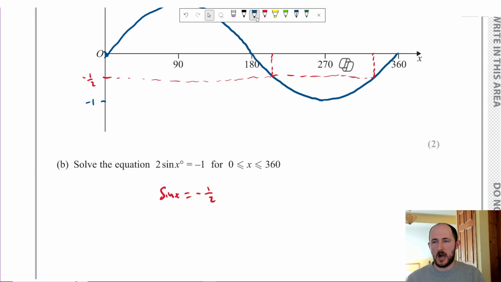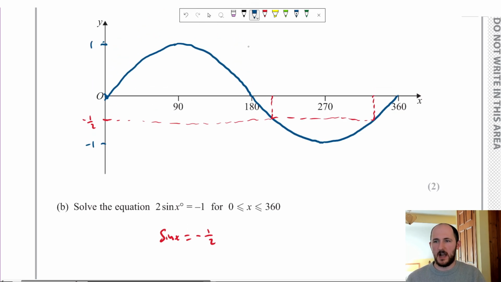I'm not sure if you'd know this, I hope you do, but for sine of a half, you might know that the value is 30 degrees. So the distance between 0 and 30 when it goes up to a half is 30 degrees. That means going from 0 to minus a half is the same as going from 0 to plus a half, so that's an additional 30 degrees.